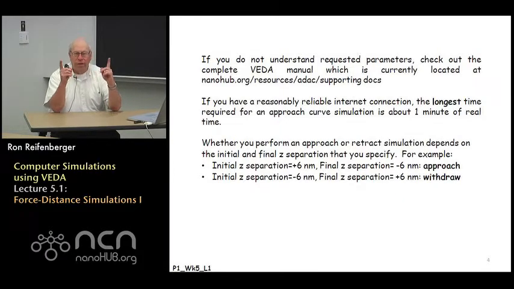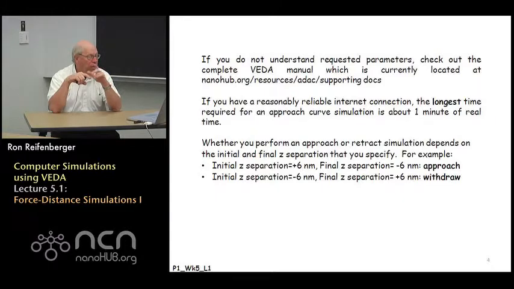And then the other thing I'll mention is whether you're approaching the tip to the substrate or withdrawing the tip from the substrate, that can be controlled by simply specifying the initial and final Z separations. So for instance, if your initial Z separation is plus 6 nanometers, if your final Z separation is minus 6 nanometers, then that indicates an approach curve.